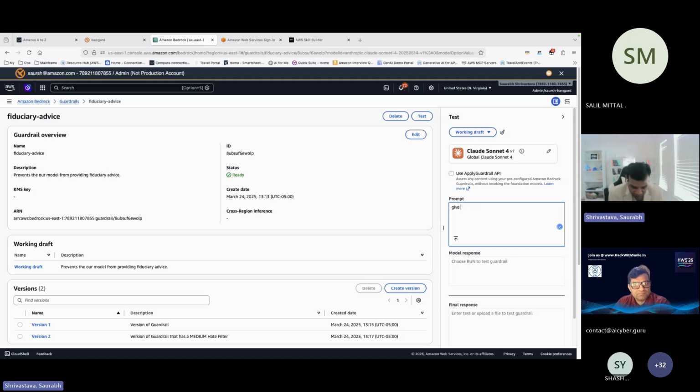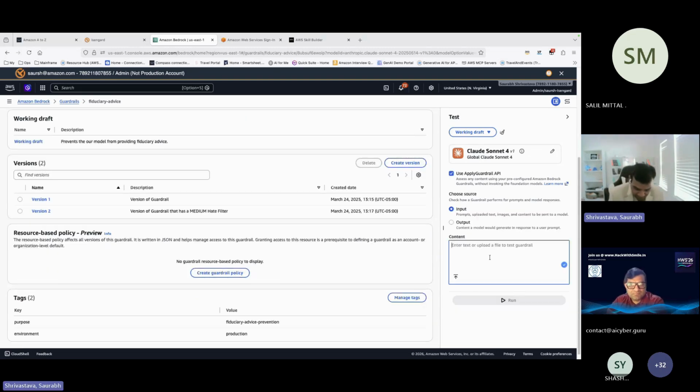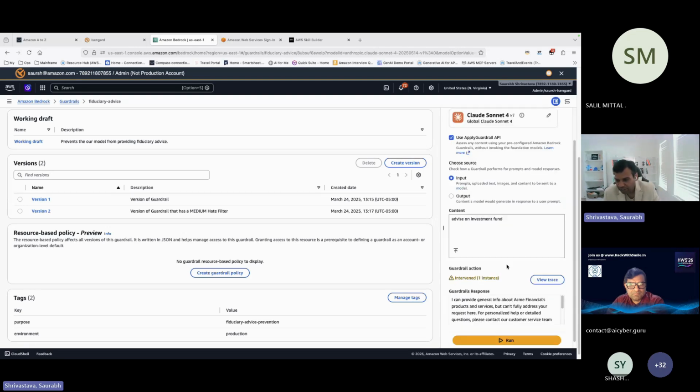If I say, give me advice to invest my retirement fund, and I apply the guardrail on that, I have to type again, advice on investment fund, right? And I will run it, so it is triggered, right?